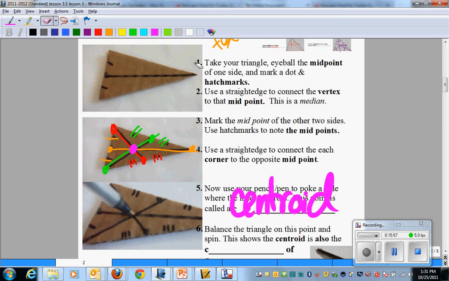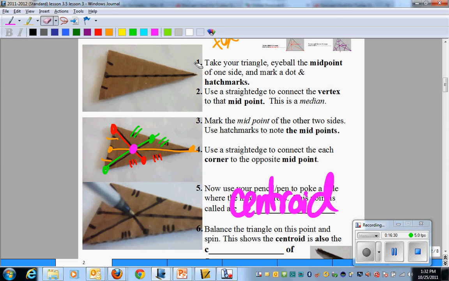Okay, trace the side, physically on the cardboard triangle. Put a dot on what looks like the middle.